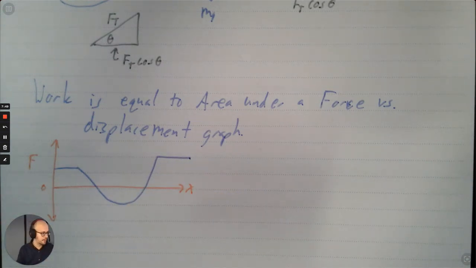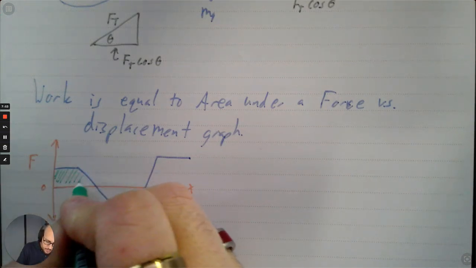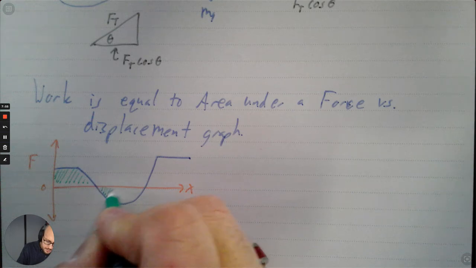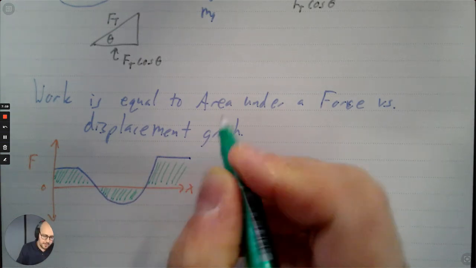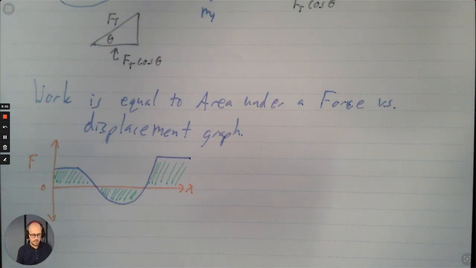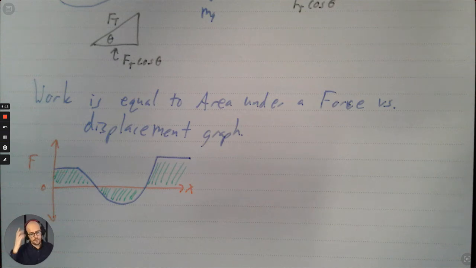My area under the graph is going to be, well, this was positive work, this was negative work, this was positive work. If I add up the areas of those three, I will get the work done. And the reason I drew this graph is because I just used the phrase negative work. I wanted to make sure that I used that phrase.